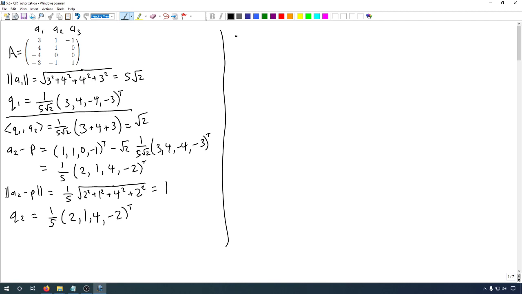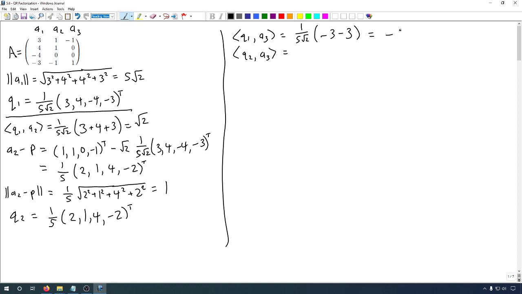Alright, now we need q3. So we're going to take the inner product of a3 with both q1 and q2. Go ahead and pull out that 1 over 5 square root 2. We have 3 times negative 1. We have 0, then we have 0, but then we have negative 3 times 1.